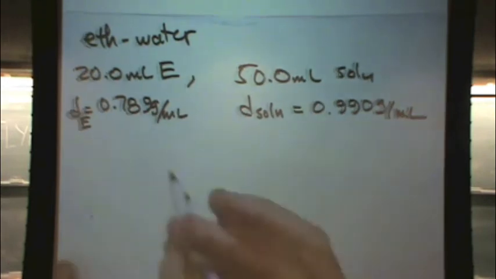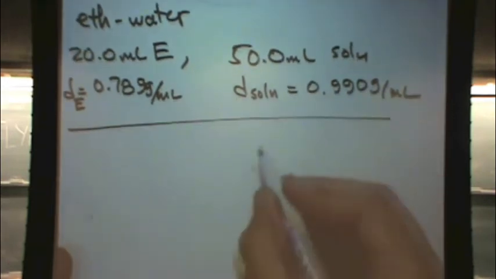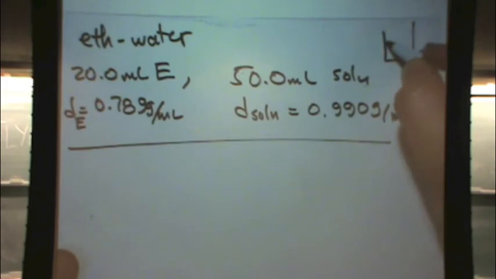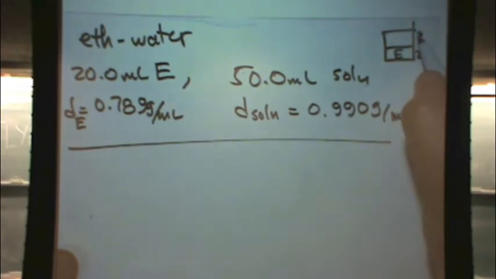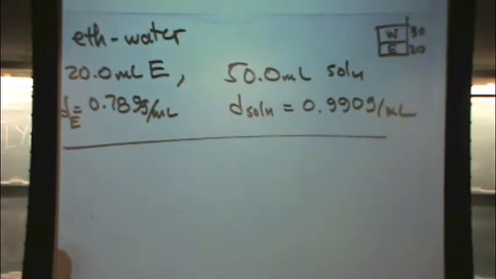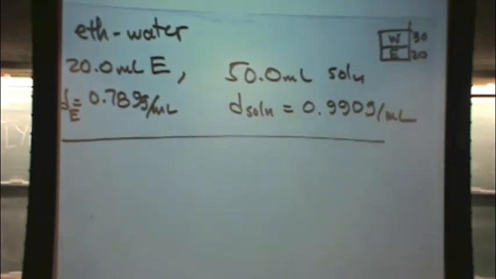Okay, so just to make sure you got this, we have here ethanol, and there's 20 of it, so I must have added about 30 of the water to get up to 50, right? Yeah, to produce 50 milliliters of a certain density of solution. So I'm just adding water, because it's an ethanol water solution, to make the total. Is that okay? All right.